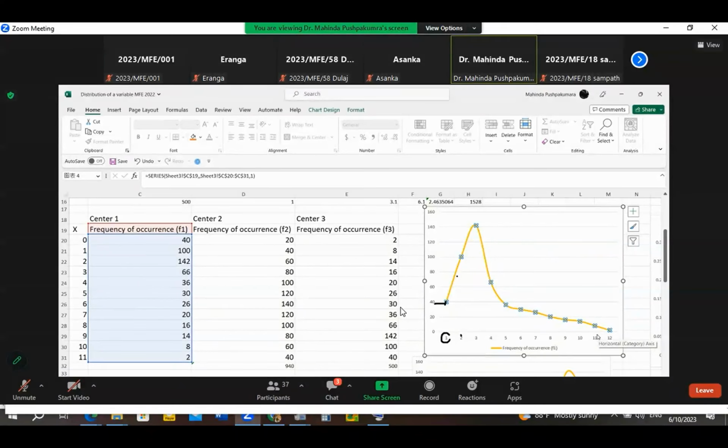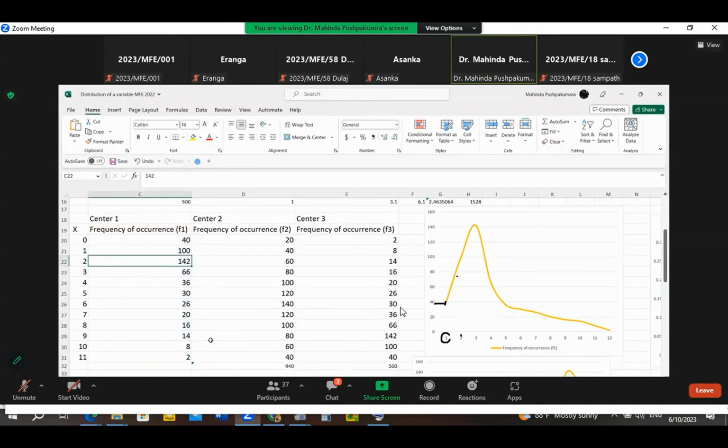In center 1, more observations are with lower values. Observation means number of days. We have more number of days with lower values. Now you can see the shape of the distribution. You have a tail on the right side. Okay.